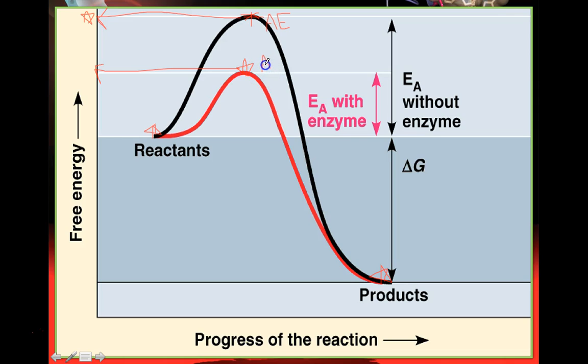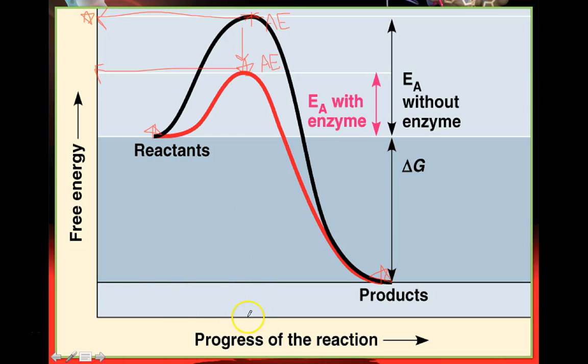What this is stating is that because there's a presence of an enzyme in this particular chemical reaction, the enzyme has lowered the activation energy, which means that this chemical reaction, which is the exact same reaction as the black line, is doing the exact same job, but it's doing it with less energy because this line is much lower, and it's also happening in a faster amount of time.